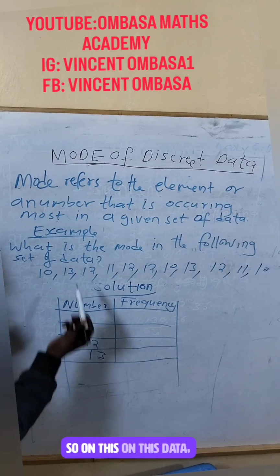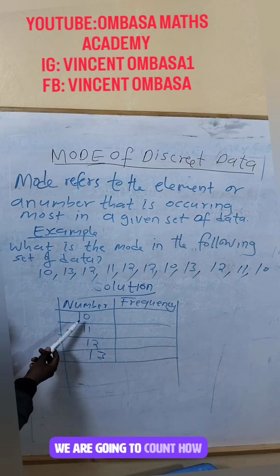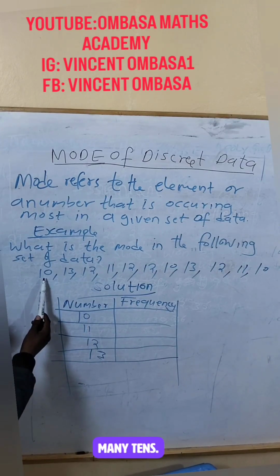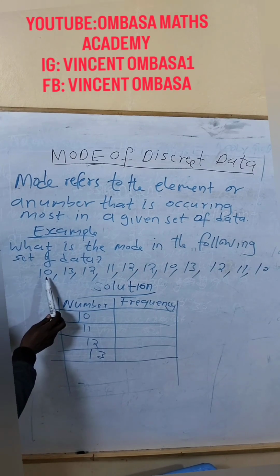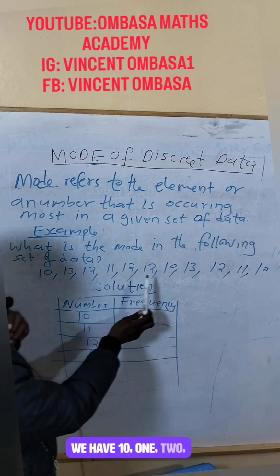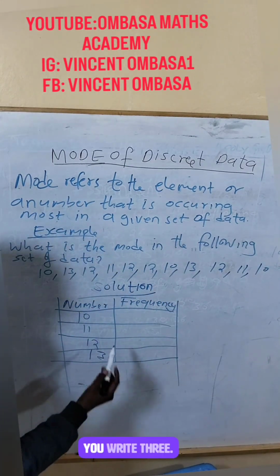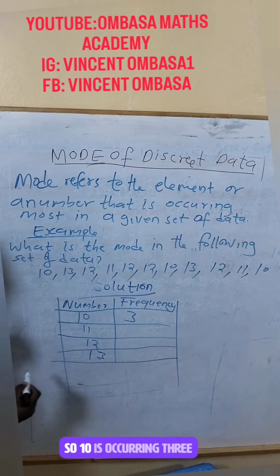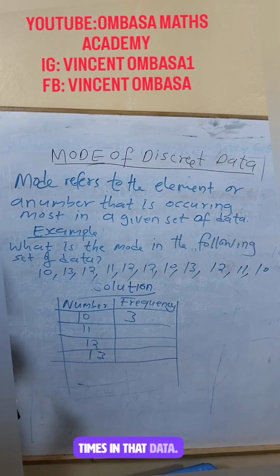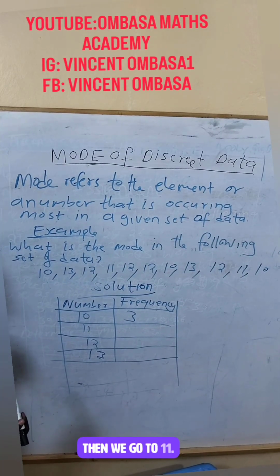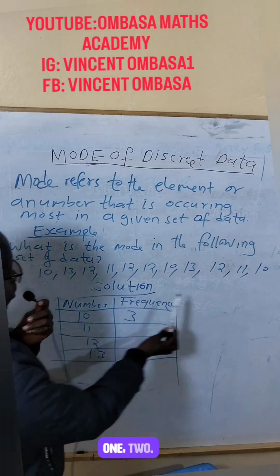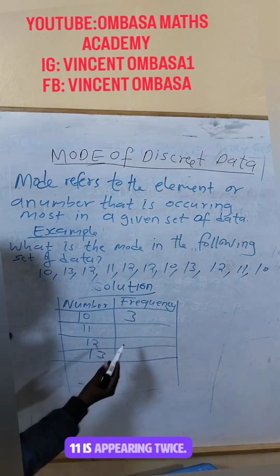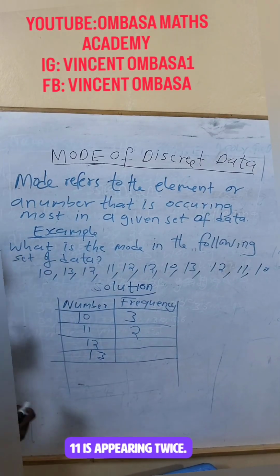So on this data, we are going to count how many tens. How many tens do we have in this data? We have 10. 1, 2, 3. You write 3. So 10 is occurring 3 times in that data. Then we go to 11. How many times is 11 appearing? 1, 2. 11 is appearing twice.